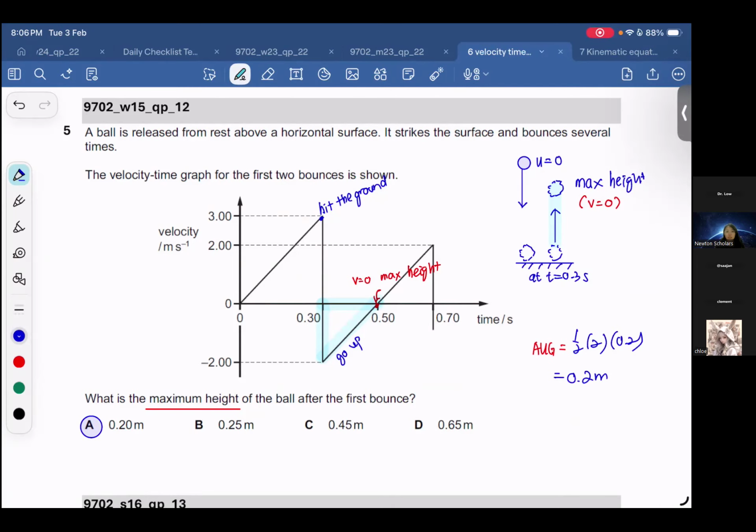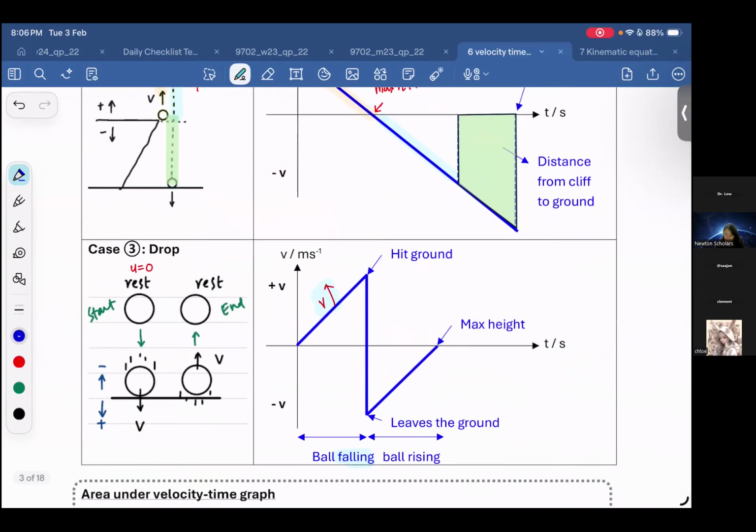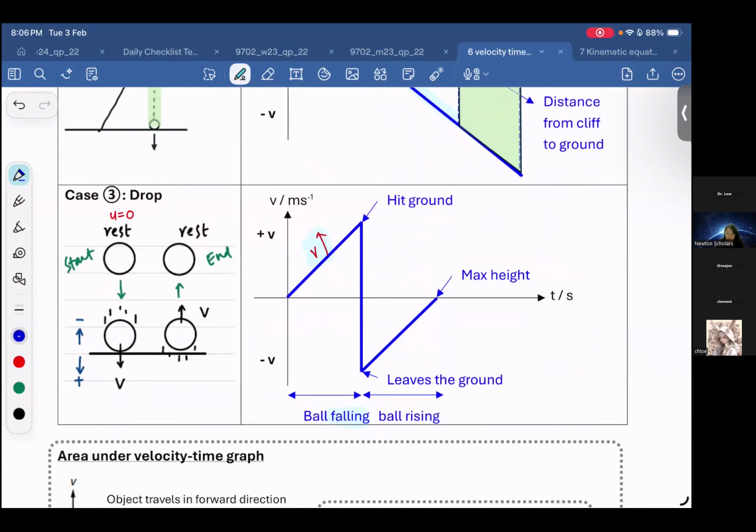Good job. Do you still remember my worksheet here? When we drop the object, velocity increases because gravity pulls, and the object accelerates. Then it hits the ground, then from here it goes up. So this is the maximum height, when the velocity becomes 0.